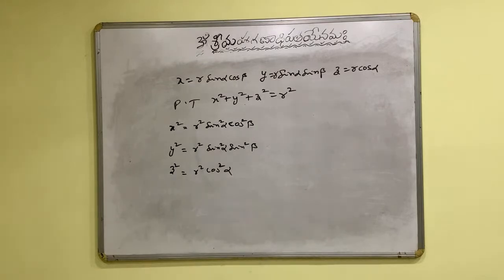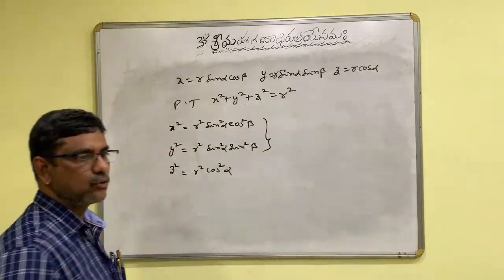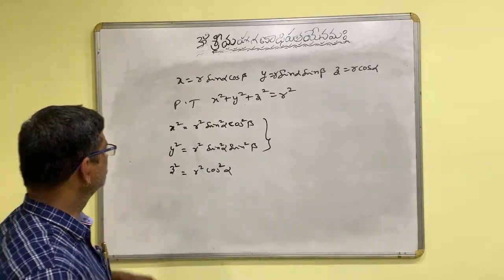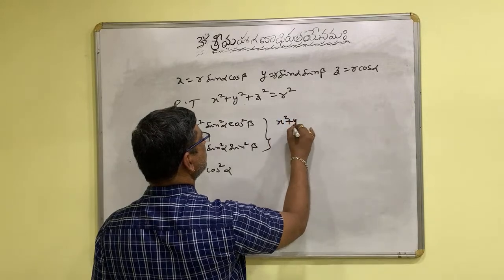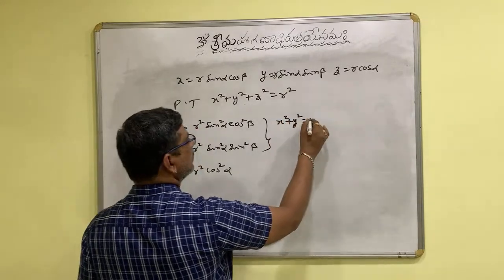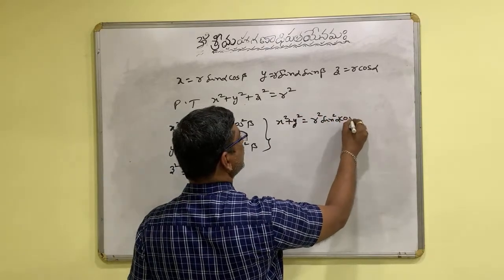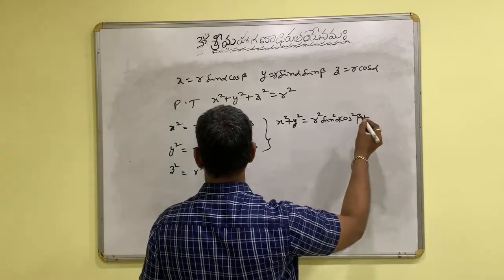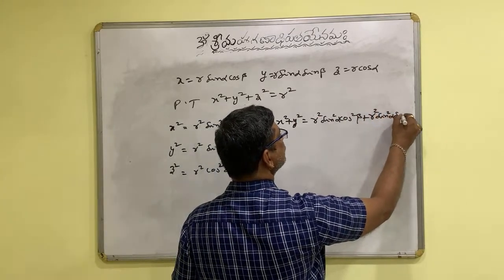Now add the first two. X square plus y square is r square sin square alpha cos square beta plus r square sin square alpha sin square beta.